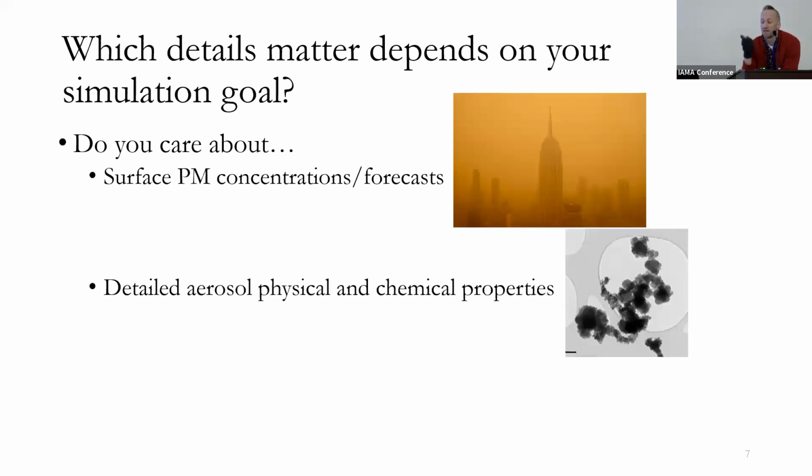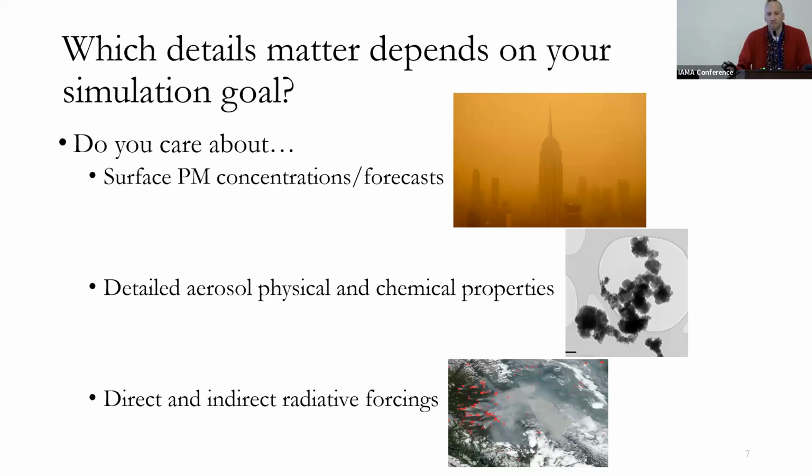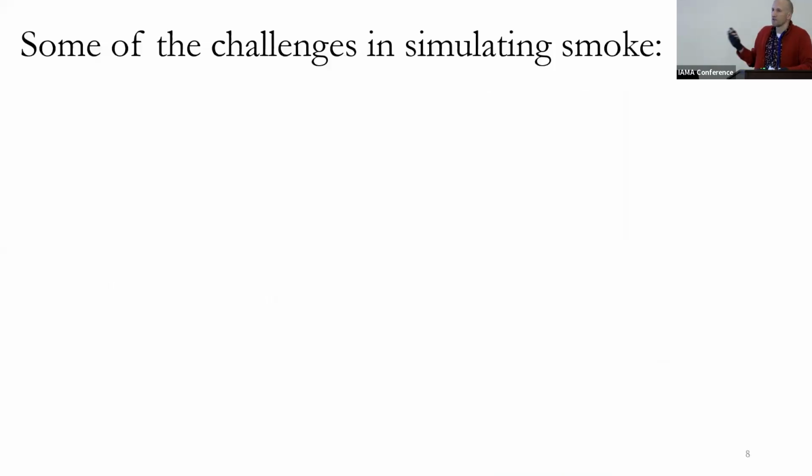Or maybe you are on the detailed aerosol physics and chemistry side, in which case, maybe the actual OA composition matters more than the actual PM mass and that sort of thing. And if you care about direct and indirect radiative forcings and climate simulations, then again, your priorities might change. So I'm just recognizing that there are different goals in the room, and some of these issues manifest themselves in different ways.